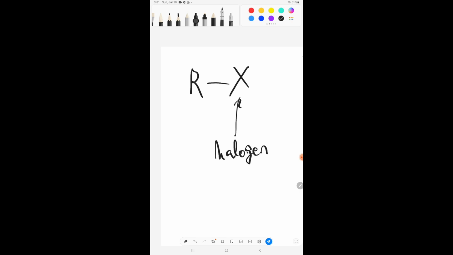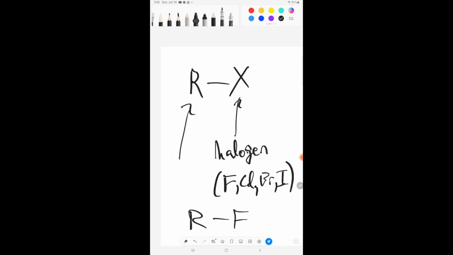This is a G. That could be fluorine, chlorine, bromine, iodine, so any halogen. So it could be R, F. This is an alkyl group.